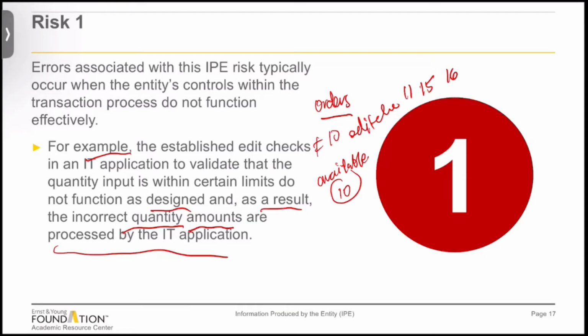Okay? So kung hindi rin gumagana yung tinatawag nating edit or validation check, maaaring malagyan niya yan ng -1 or really omit the amount, and so that the order will still push through without any quantity indicated. Okay?